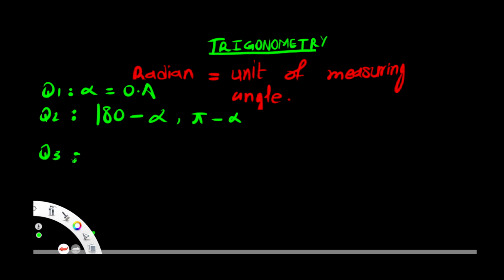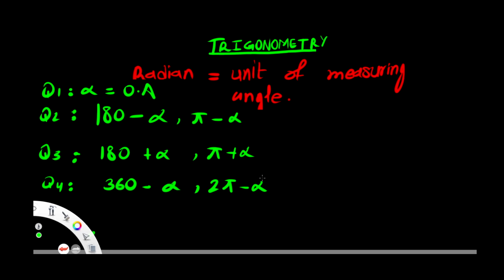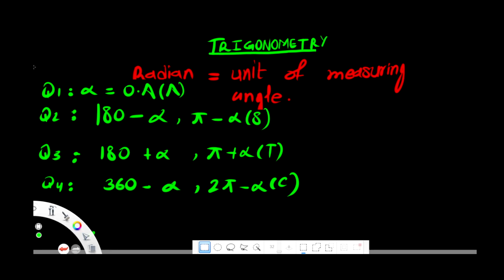Q3 was 180 plus alpha, or pi plus alpha. And lastly, Q4 was 360 minus alpha, or in this case 2 pi minus alpha. And we know that in the first quadrant, we know ASTC. So we are essentially done with the concept.